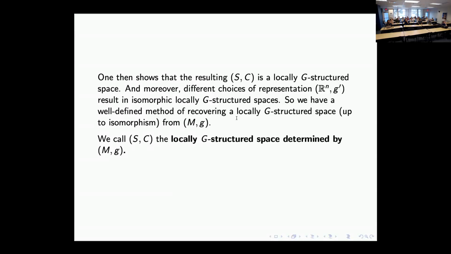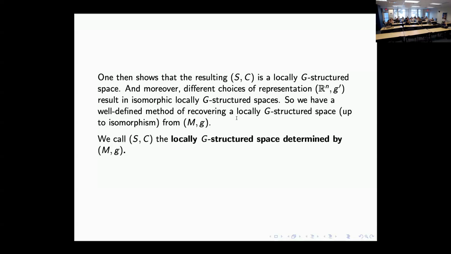And moreover, different choices of representation. So remember, we made an arbitrary choice at the start, a choice of representation. Different choices of representation will result in isomorphic locally G-structured spaces. So there's a sense in which that choice didn't really matter. It was important to us that we had a representation.